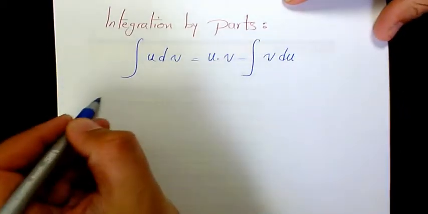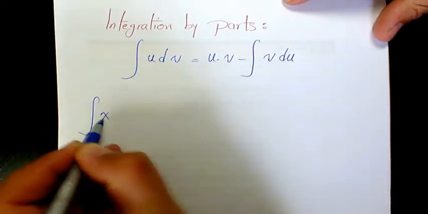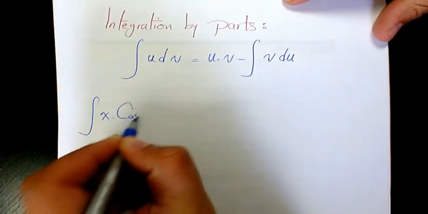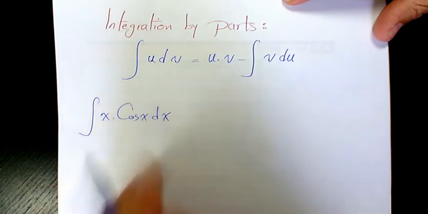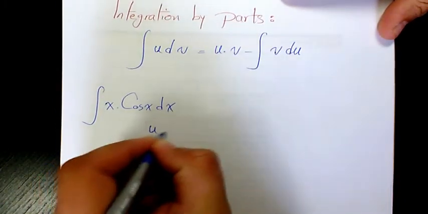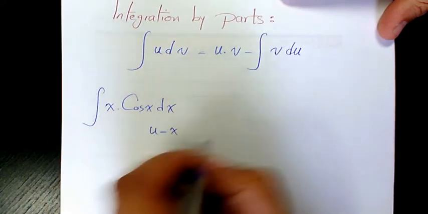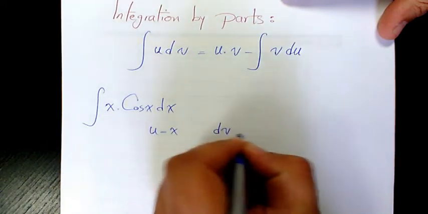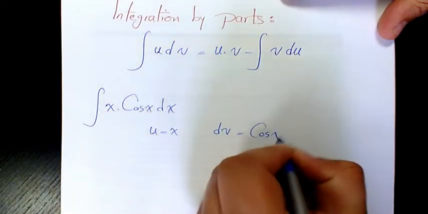Let's see the first example. We have x times cosine x dx. So I'm going to consider u as x and dv as cosine x dx.